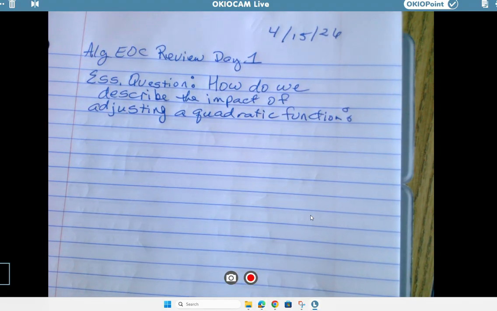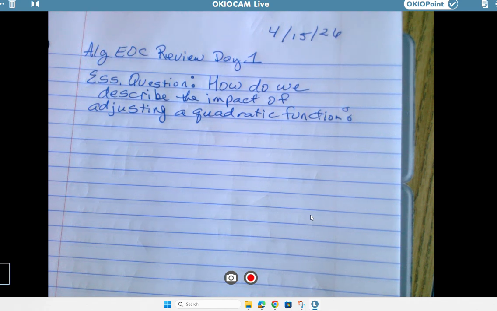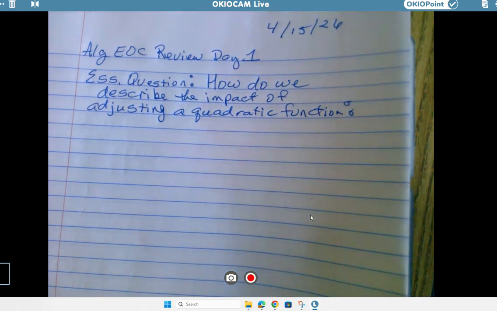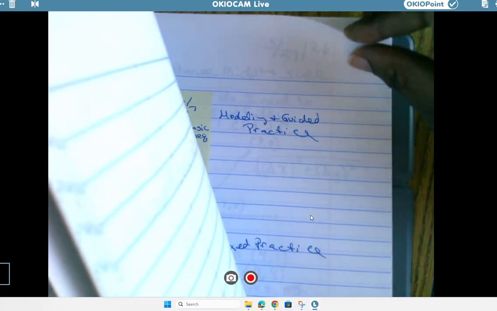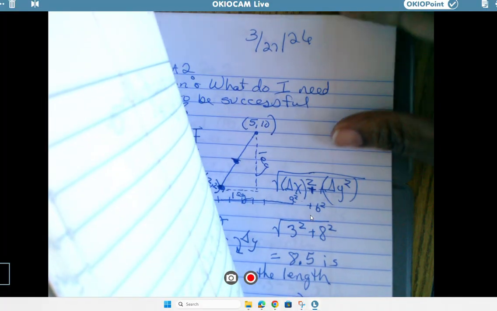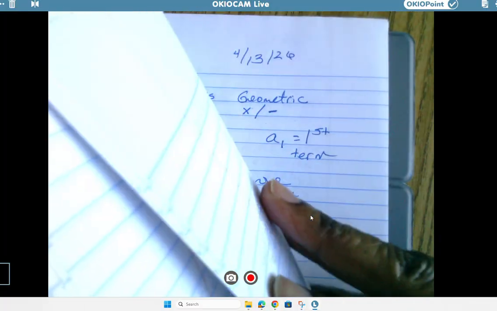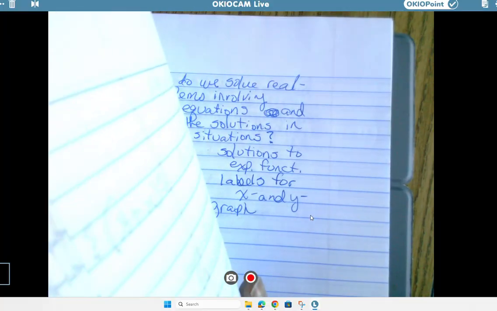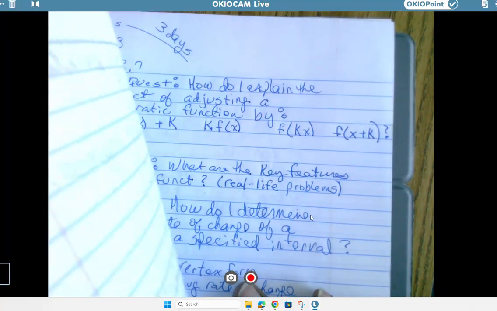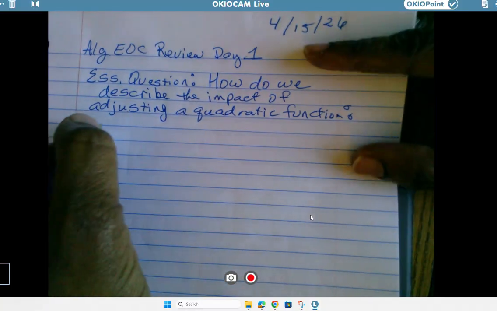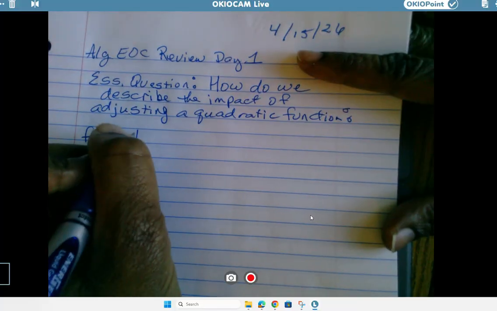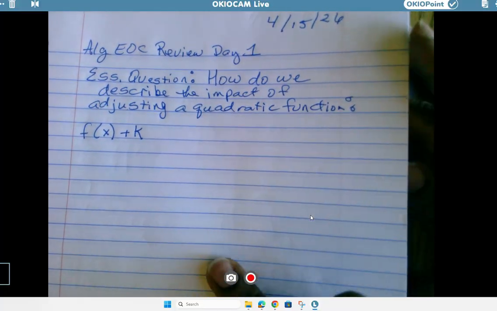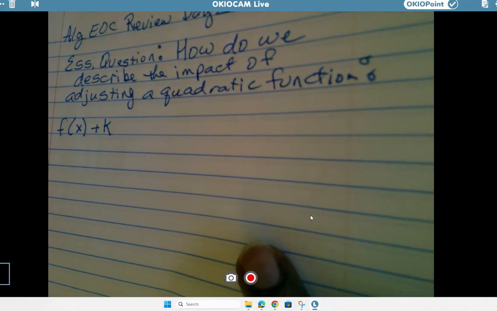So here we go. How do we describe the impact of adjusting a quadratic function? The quadratic function and the impacts, there are 3 of them. Go ahead if you need to sharpen your pencil. I'm going to go back in just a second. I got to find the rest of the question. The first one is f of x plus k.